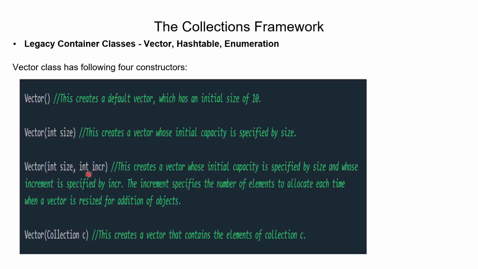An integer and a second integer creates a vector whose initial capacity is specified by size and whose increment is specified by the second integer. This increment specifies the number of elements to allocate each time a vector is resized for the addition of objects. And then passing in a collection creates a vector that contains the elements of a collection.